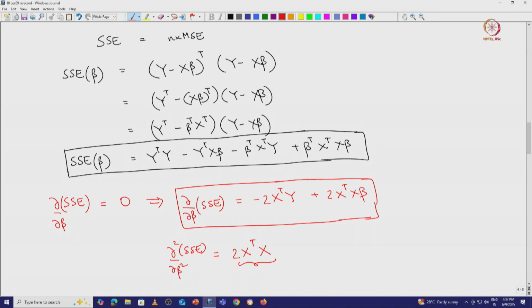This we will come to in one of the future lectures, but for now it suffices to say that this matrix x transpose x is typically a positive semi definite matrix, and that ensures a minimum in most cases.